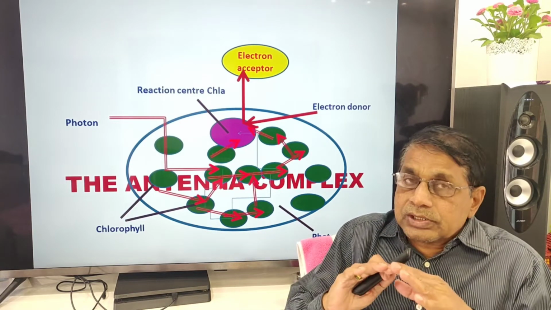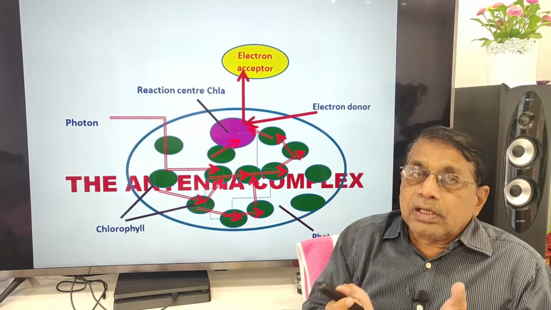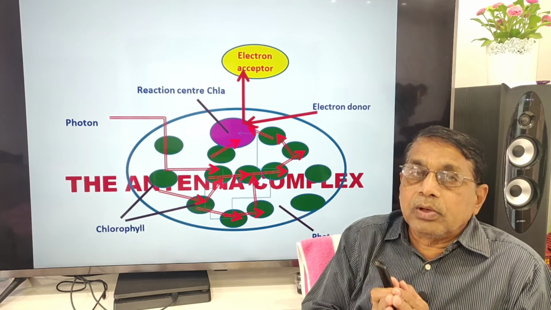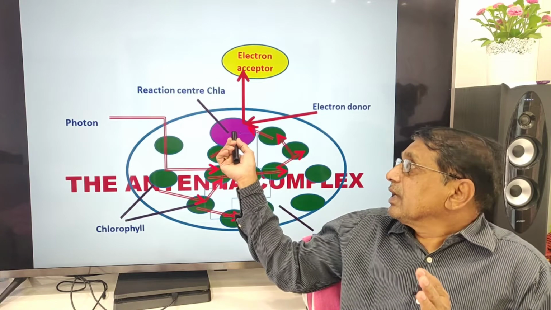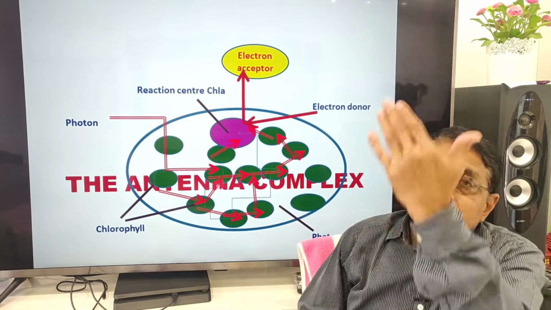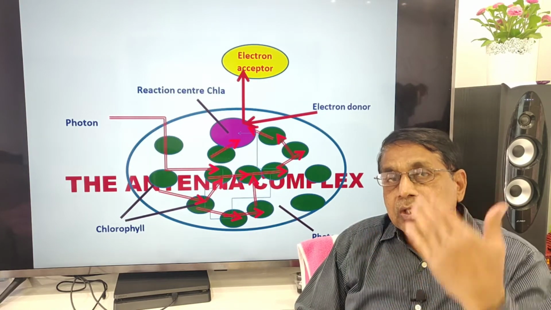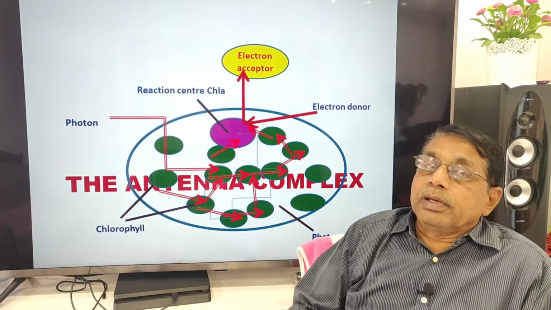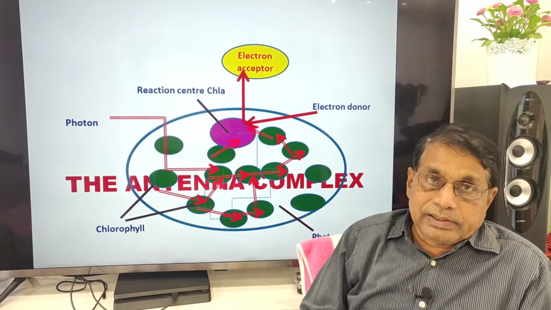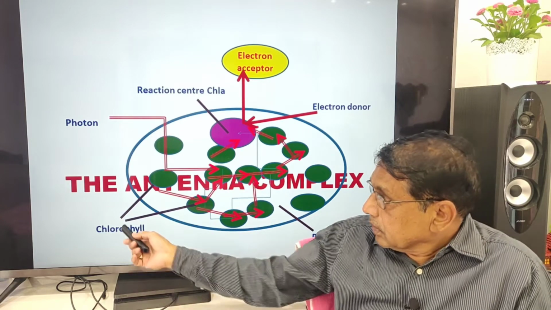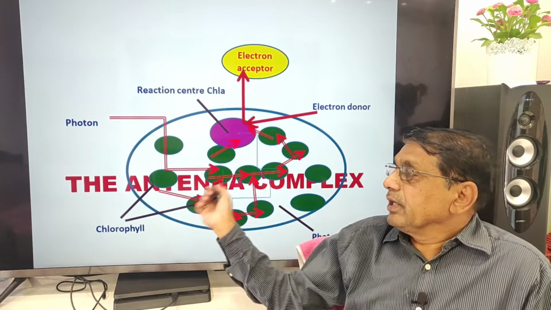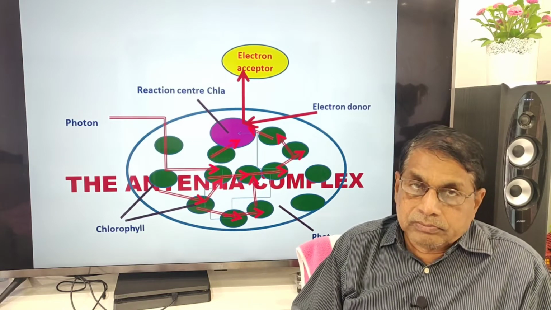The chlorophyll A molecule there becomes excited and loses electrons. Those electrons will be accepted by an electron acceptor, as we will see later. So this is the structure of a typical photosystem.